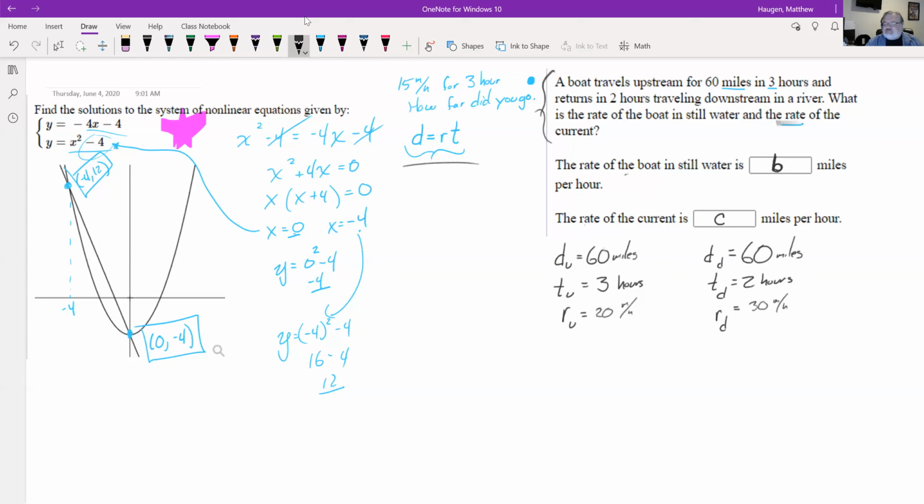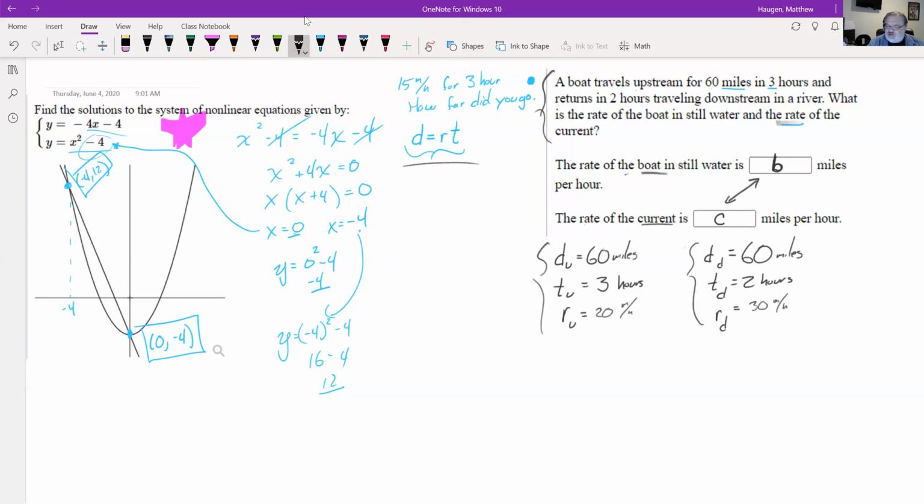So we have all these distances, rates, and times that the problem either tells us or implies to us, but those aren't the rates and times that we're asked for. The rates that we're asked for are those individual rates. What do we know about the boat speed and the speed of the current?